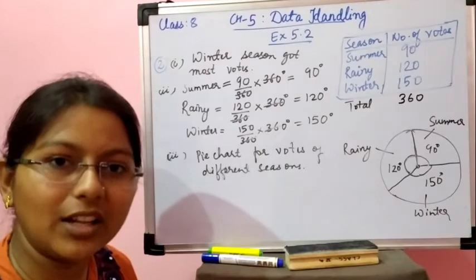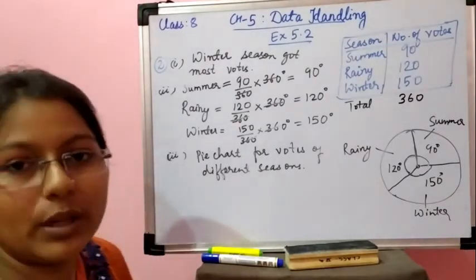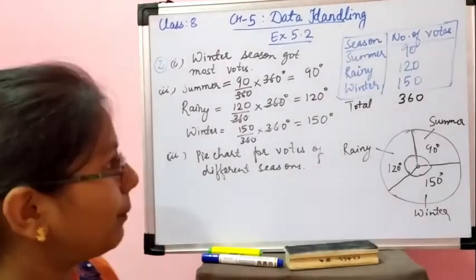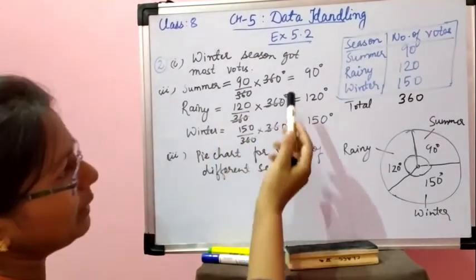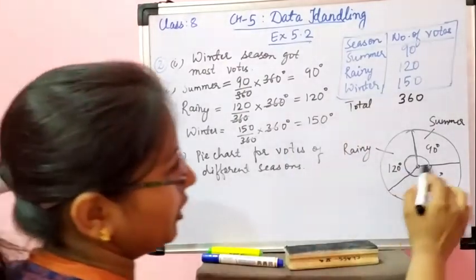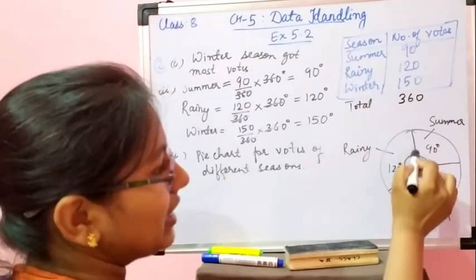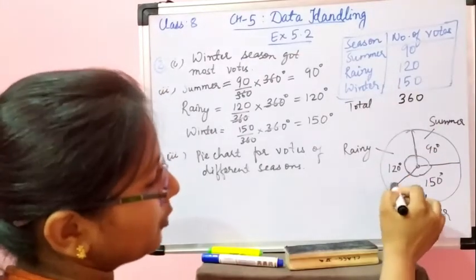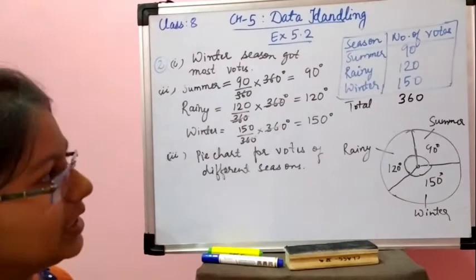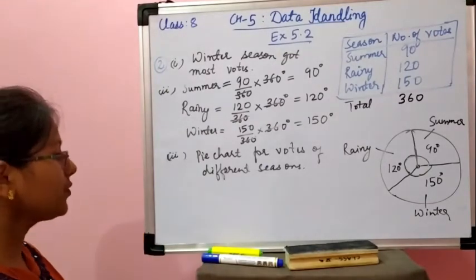For any fraction, at the denominator we have the total number of parts, and at the numerator we have a particular part. So this is the fraction, then multiplying by 360 degrees, we get all the angles. First we draw the initial line, then the first angle, and from that line we draw the second angle, and from that line we can make further angles. So I hope you all have understood question number 2.